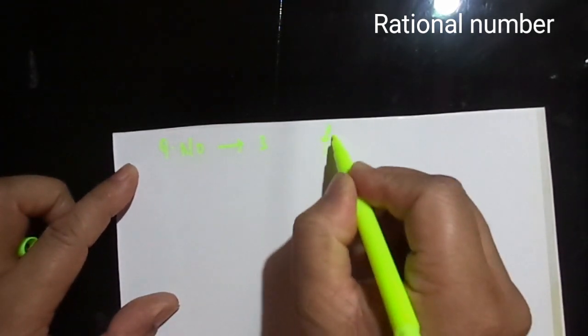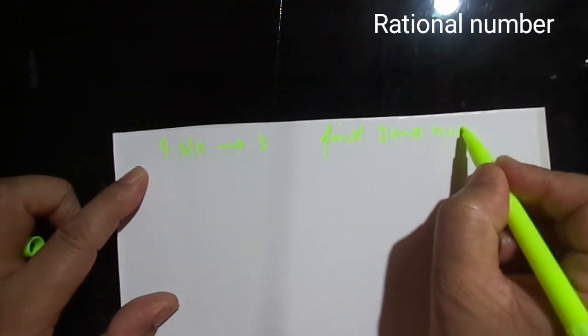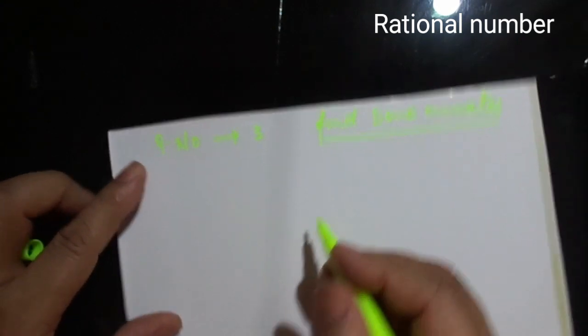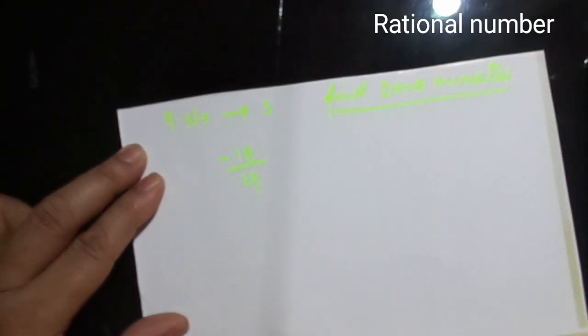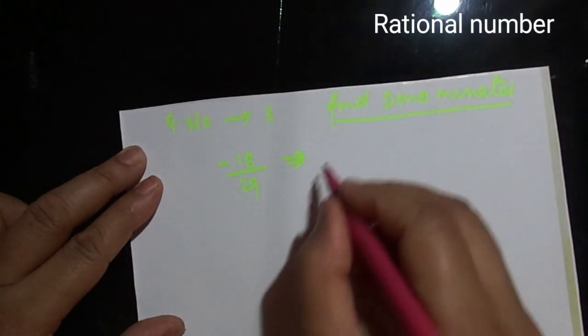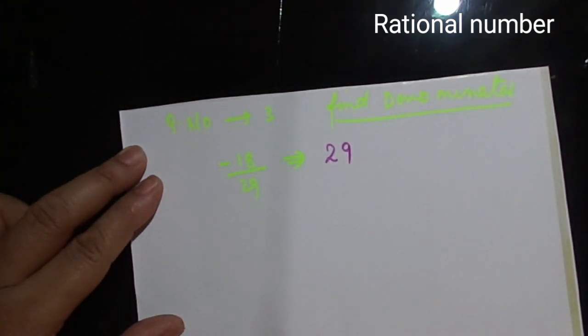In question number 3, they say find the denominator. Why? You do not know the denominator. If a number is minus 18 by 29, the denominator will be 29.